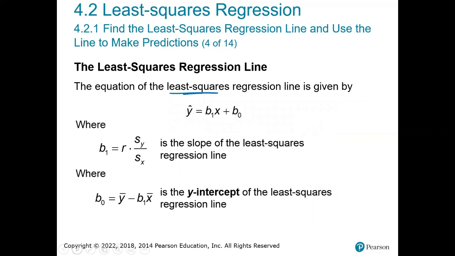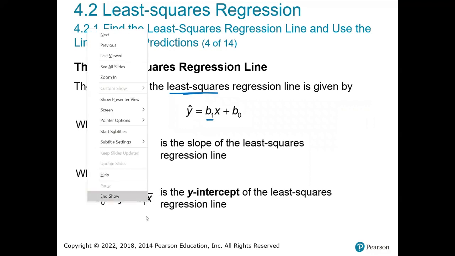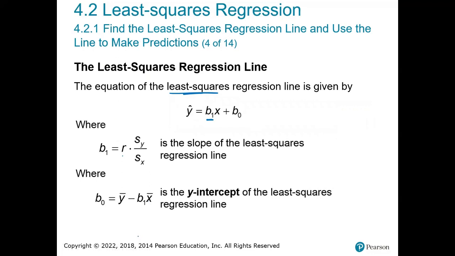If you have your data, we can calculate the slope by taking your correlation coefficient times the standard deviation of y divided by the standard deviation of x. Then the y-intercept is the y mean minus the slope we just got, times the mean of the x's. I believe all of these were values we had.